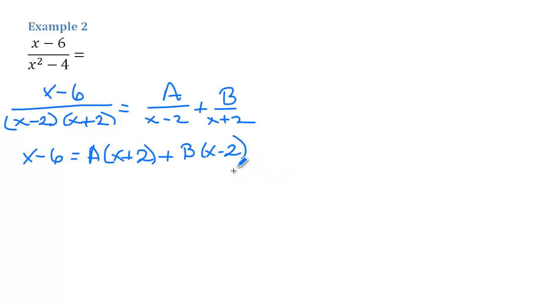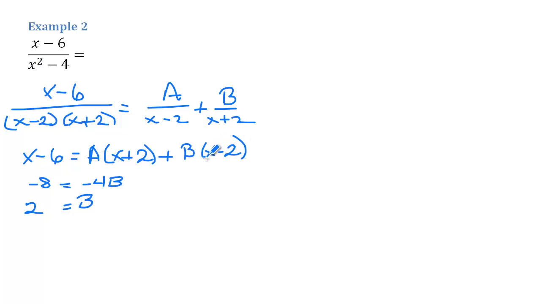Again, pick convenient numbers that are going to make this easy. So let's make x equal to negative 2. So the A will go away because 0 times A is going to be 0. When x is negative 2, negative 2 minus 6 is going to be equal to 0 times A plus B times negative 2 minus 2, which is negative 4. So B becomes 2. Again, pick an easy number for B to go away. What makes B go away?